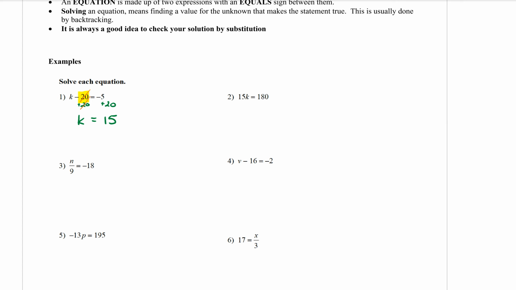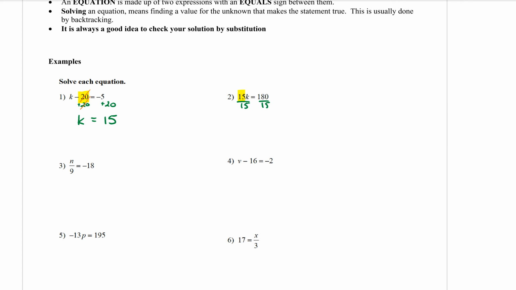I have 15k. I'm highlighting that because that is the one number that I have to move. Now, when the 15 and the k are next to each other, that means they're times. The opposite of timesing is to divide. But we don't use divide signs in algebra, do we? We use fraction lines.